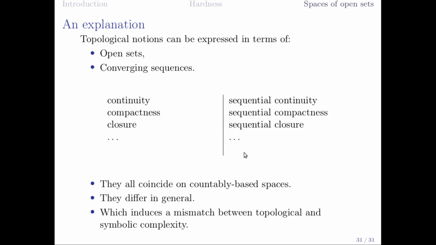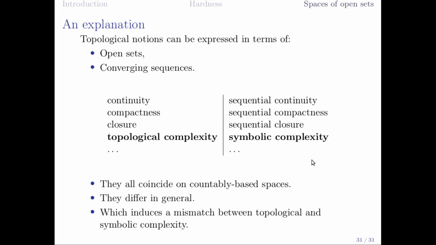And we suggest that we could extend this table to add this line, and saying that symbolic complexity can be thought as the sequential counterpart of topological complexity, which means that algorithms are more sensitive to the sequential aspects of a space than to the topological ones.